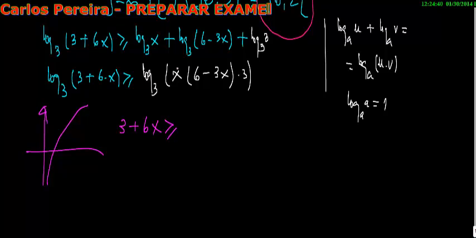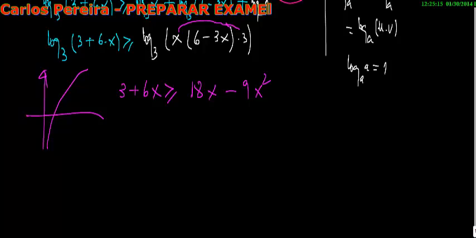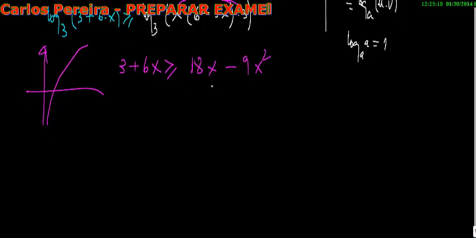You must look that I have x times 3, it is 3 times x, so I will have 18x minus 9, 3 times 3 it is 9, x times x it is x squared. I think I did not make any mistake. What do you think?